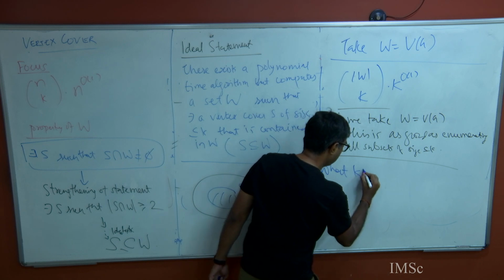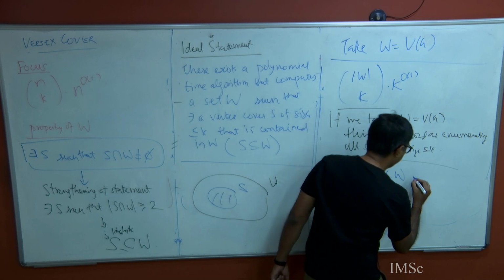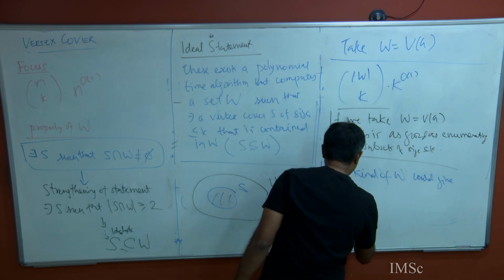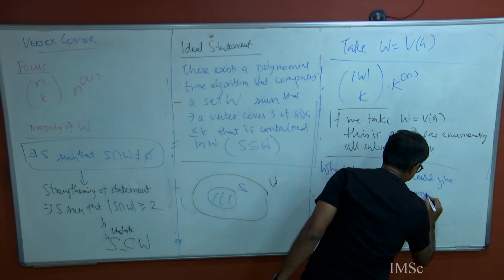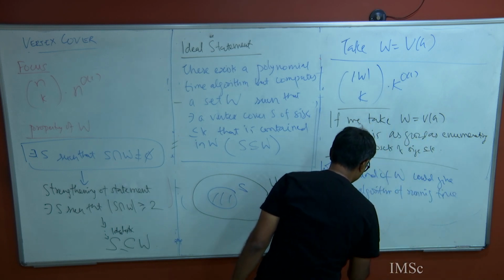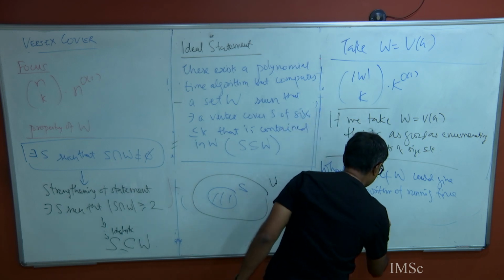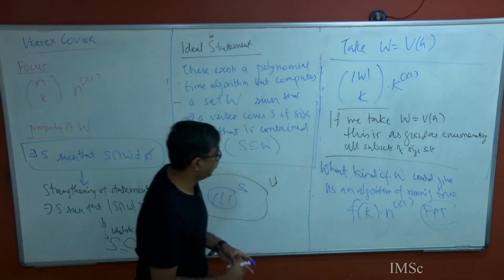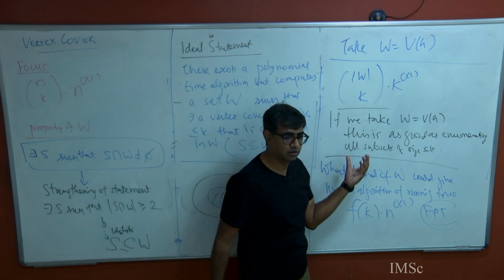what kind of W could give us an algorithm of running time, say... suppose I wanted W choose k to be some, I want an FPT algorithm. Okay.